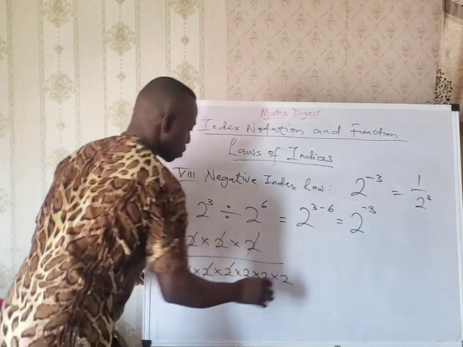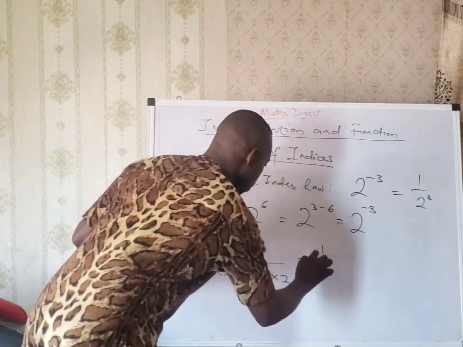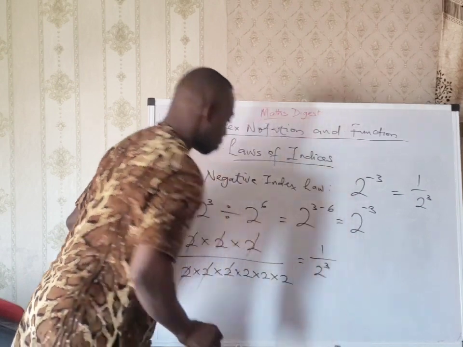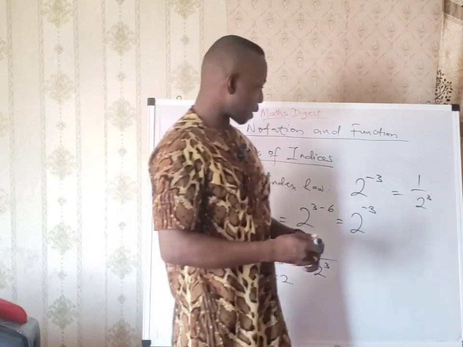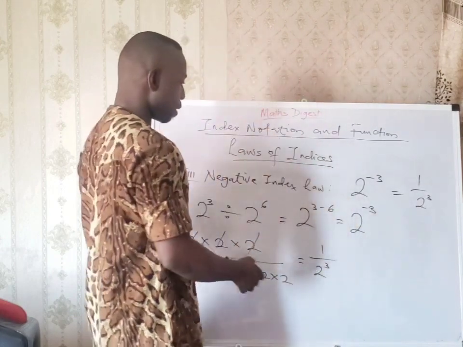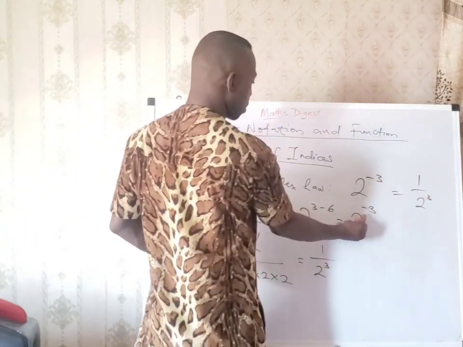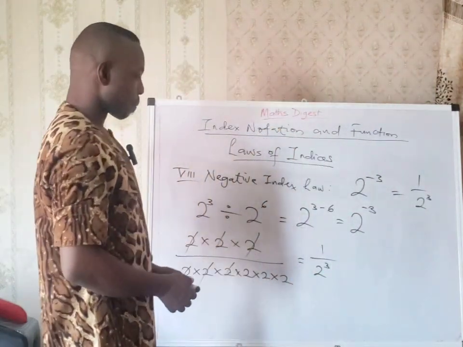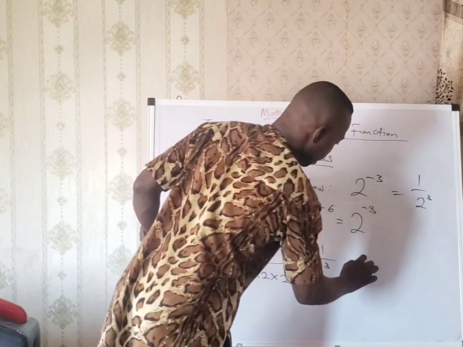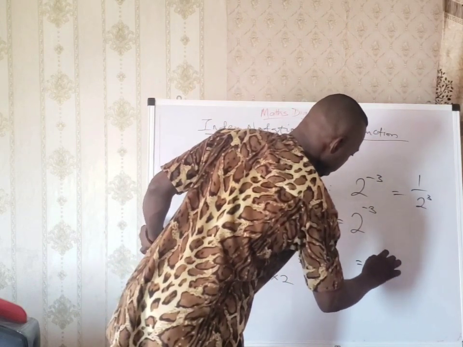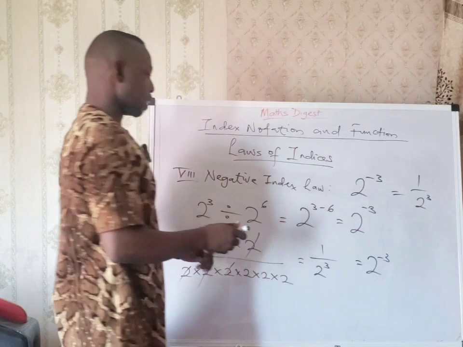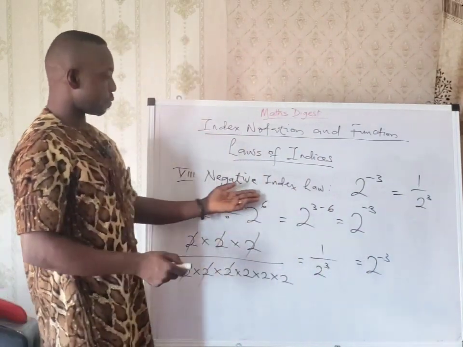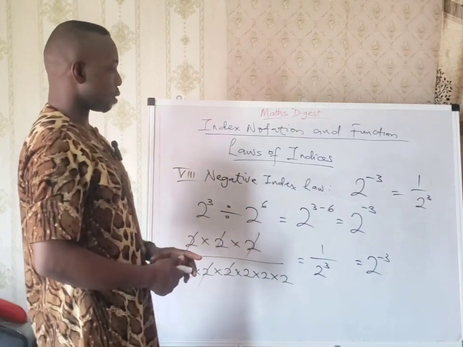Now we are left with 1 over 2 raised to power 3, which is getting us back to this place. From here you can still return this, because this is the same thing as this. So you can still write this as 2 raised to power minus 3. Either of these is the same. So that is what the negative index law states.